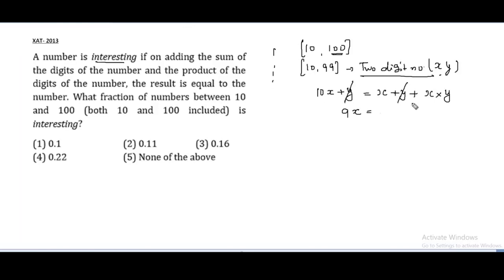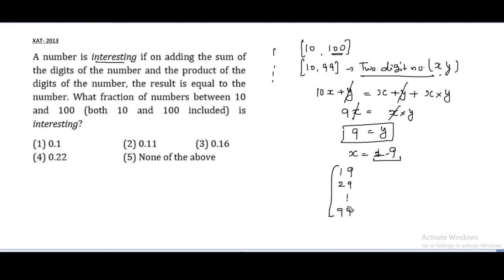But y is cancelled, so 9x is equal to x times y. x is again cancelled, so y should be 9. If y is 9, and it is a 2-digit number, x can take all the values from 1 till 9; x cannot be 0. So how many 2-digit numbers are possible? 9 two-digit numbers are possible in this scenario.